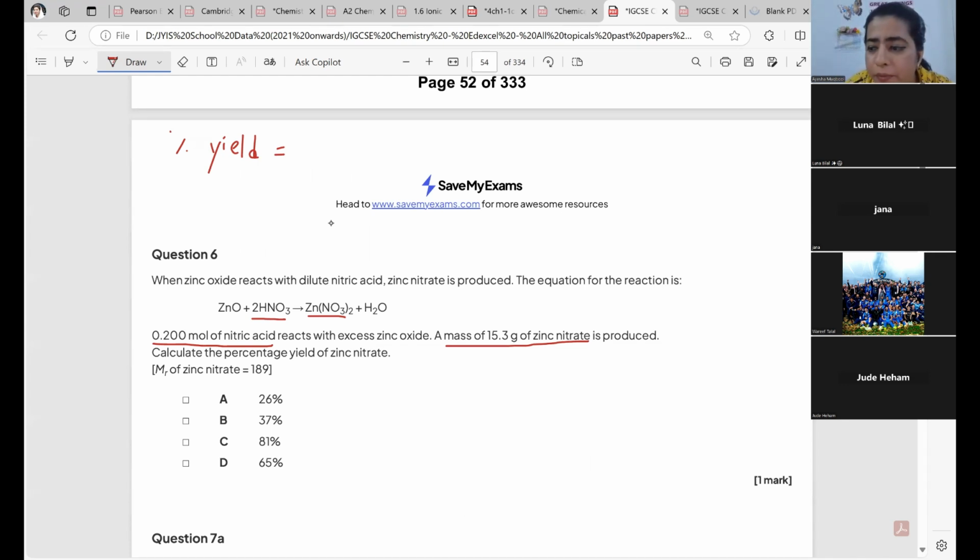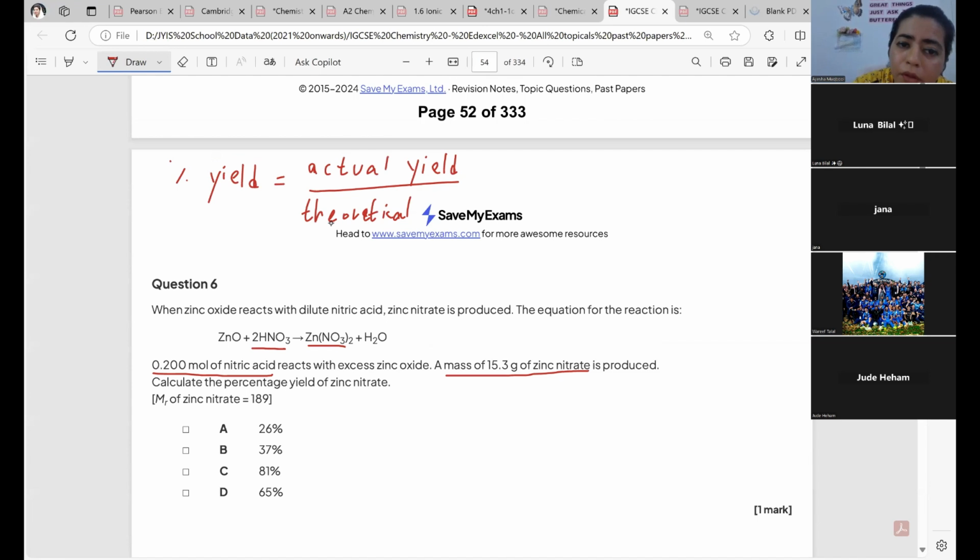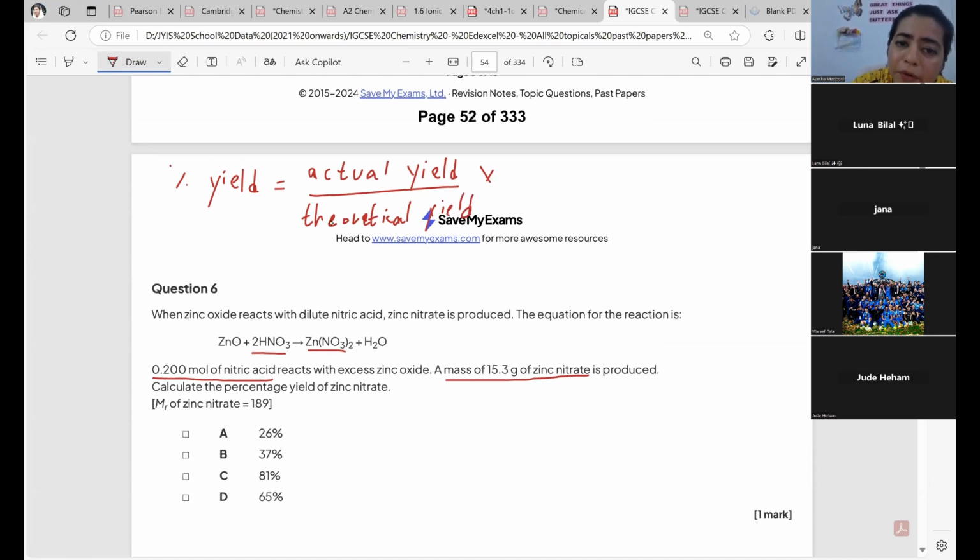Percentage yield is equal to the actual yield over the theoretical yield, or you can say the predicted one, multiplied by 100%.